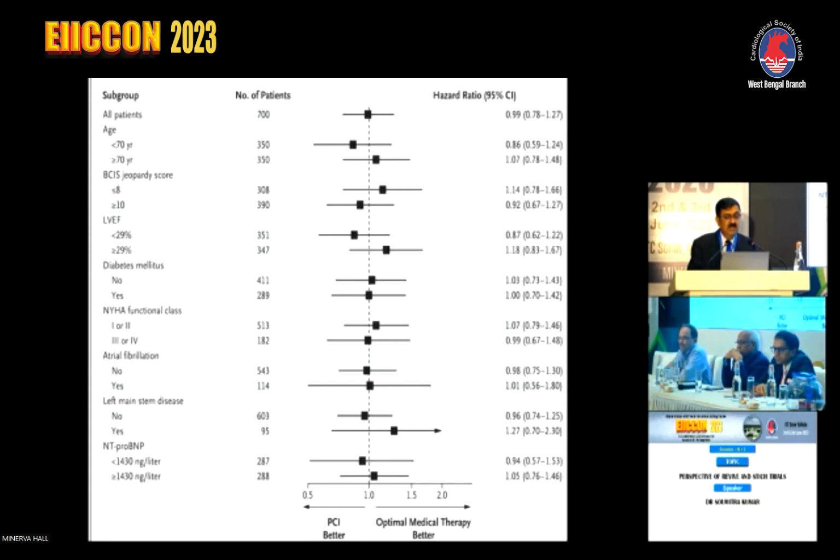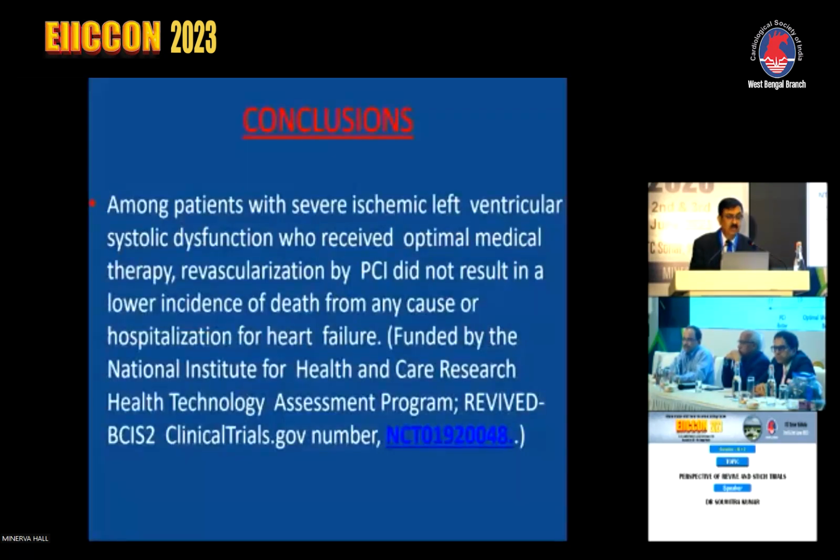Diabetes did not matter. Functional class, we did not have too many patients in NYHA 3-4, which was a fact, but then there was no difference. AF did not matter. Left main, very importantly, if you had left main disease, then doing PCI in such patients did have a poor result. So that is a point to be noted. And again, NT-proBNP values did not matter.